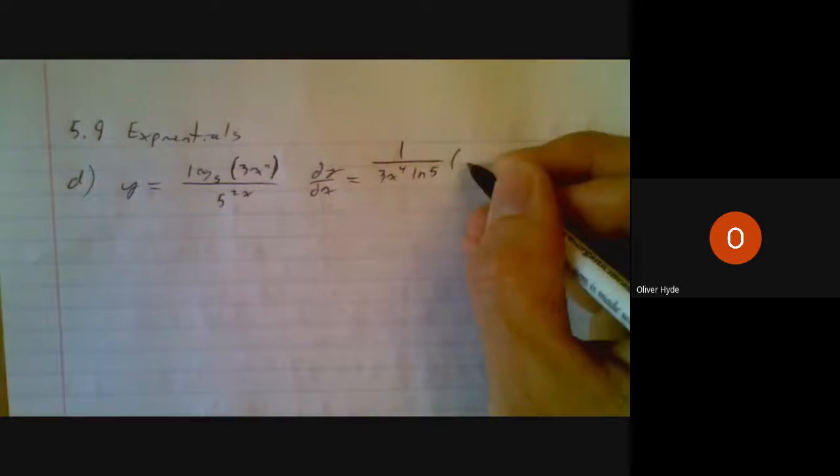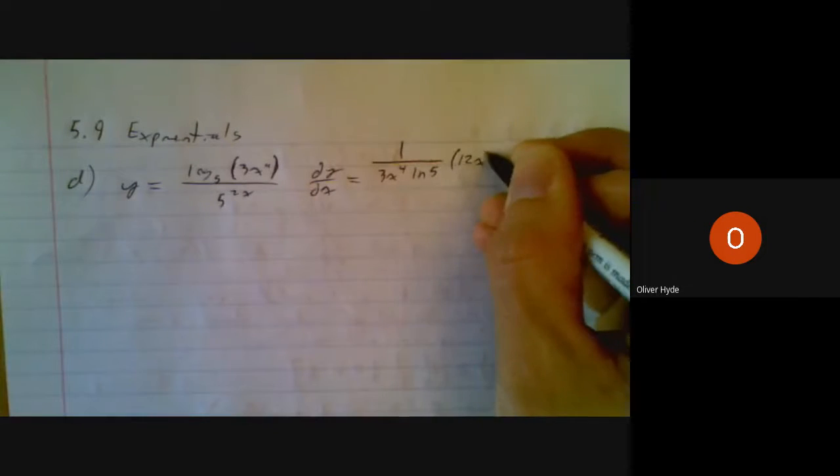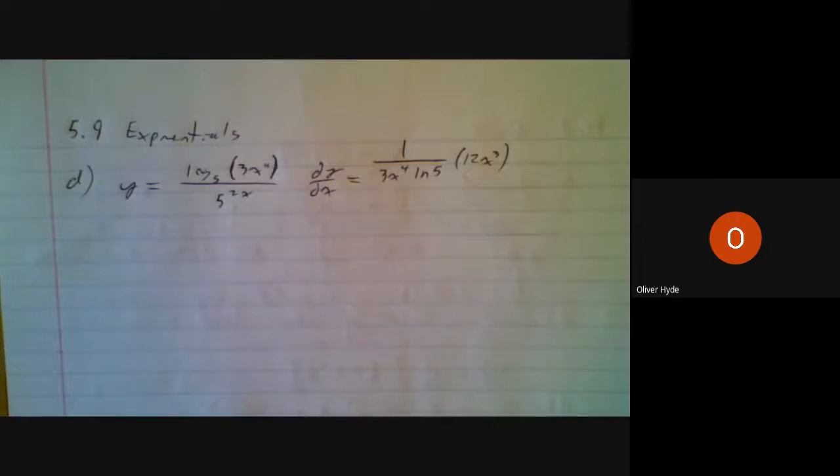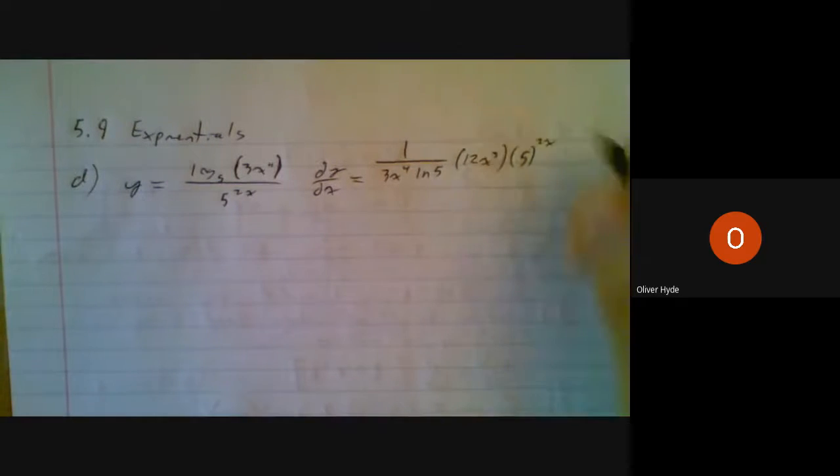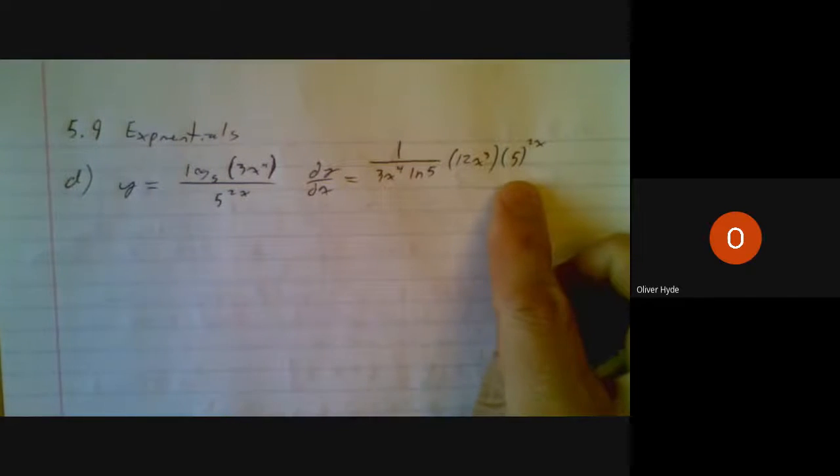The derivative of the power is going to be 12x cubed, multiplied by the bottom. That's 5 to the exponent 2x. Notice my choice of using brackets around the base of 5, just to make it clear what's being multiplied here.